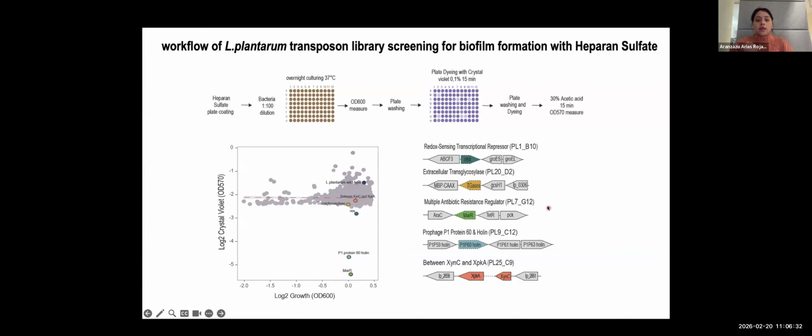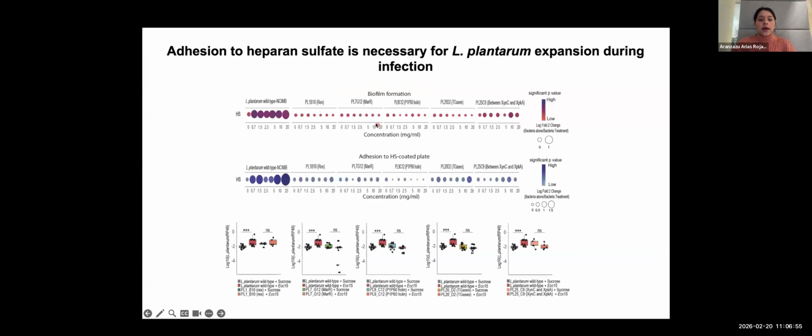One of the candidates was targeting the redox sensing transcriptional repressor, the extracellular transglycosylase, multi-antibiotic resistance regulators, and a phage entry protein. We don't really know which of these genes might be most important, even though we could validate this in vivo and in vitro.